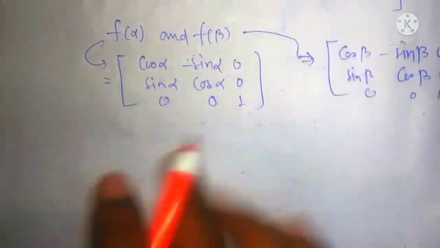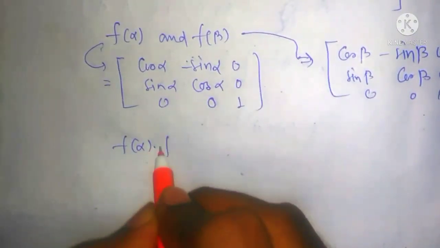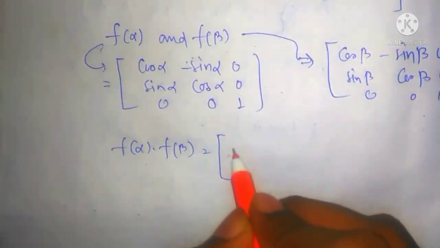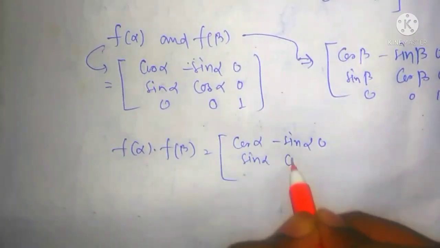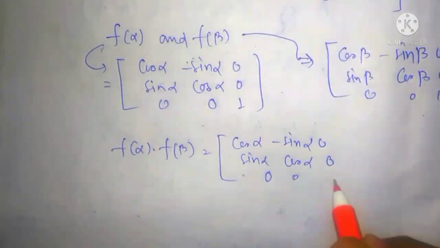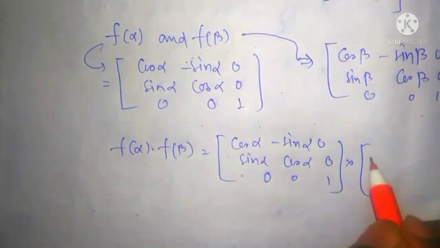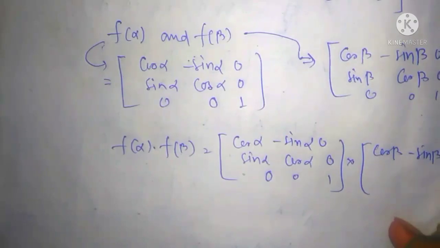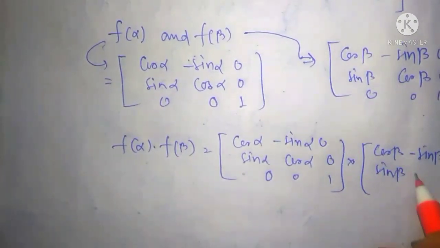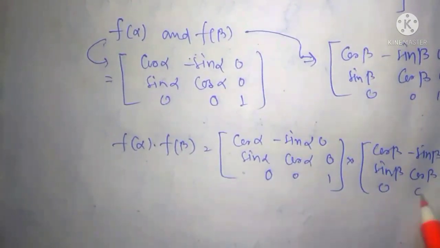So their multiplication, f(alpha) into f(beta), is these two matrices multiplied.